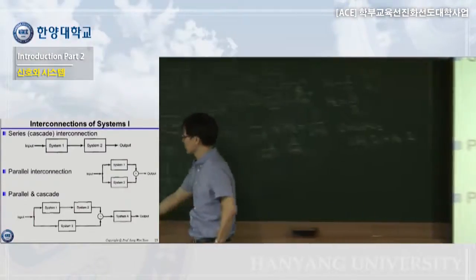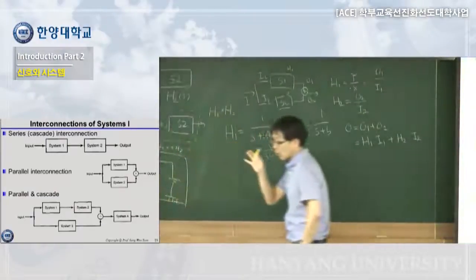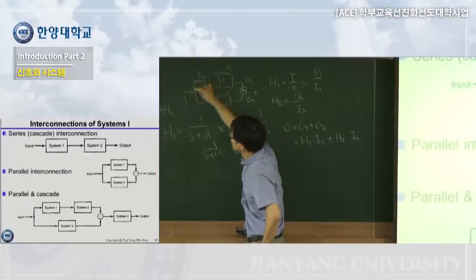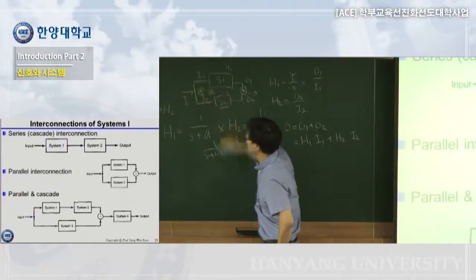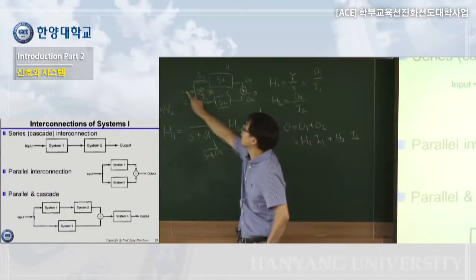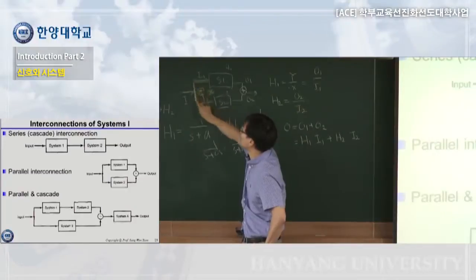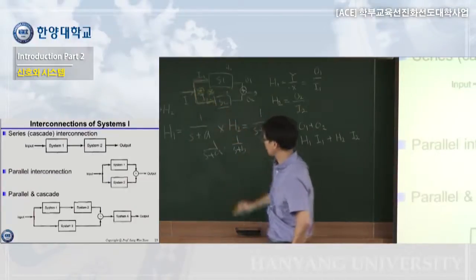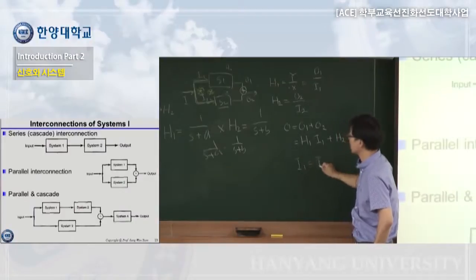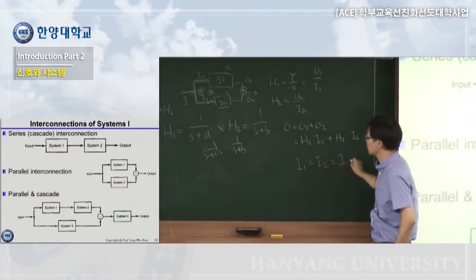As in here we have one common rule: if they are connected without adder, without minus or whatever, no multiplier, they have the same signal. So this I will go to here, this I also goes to here, meaning that I1 equals I2 equals input.